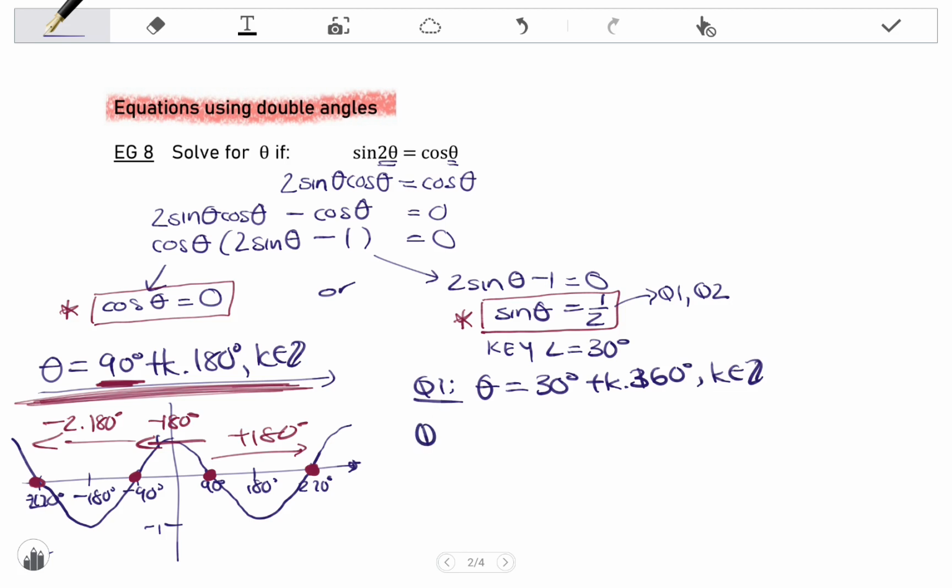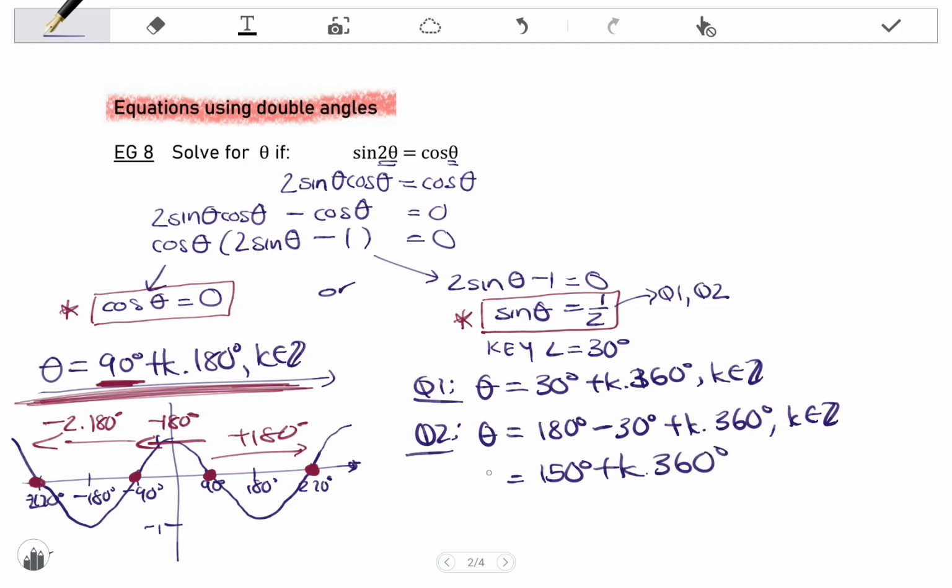In quadrant 2, our angle theta is equal to 180 degrees minus the key angle plus multiples of its period. And this simplifies to 150 degrees plus multiples of 360. So 2 more general solutions to this initial equation.